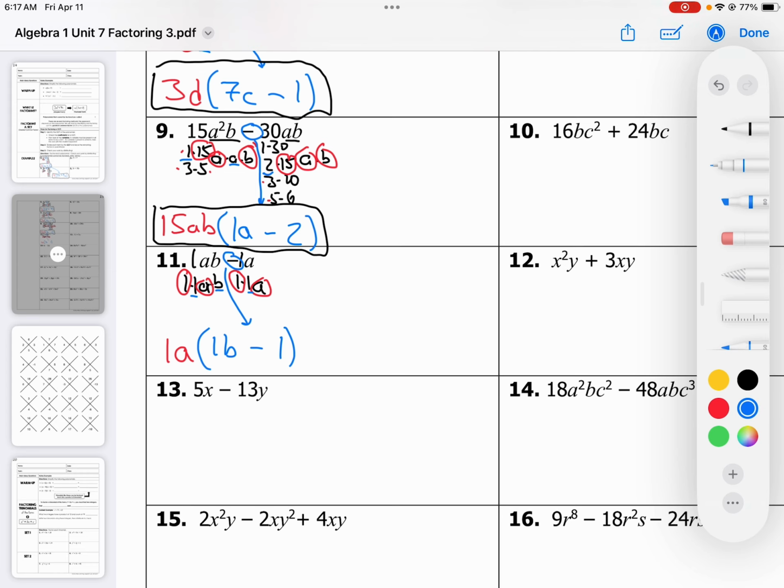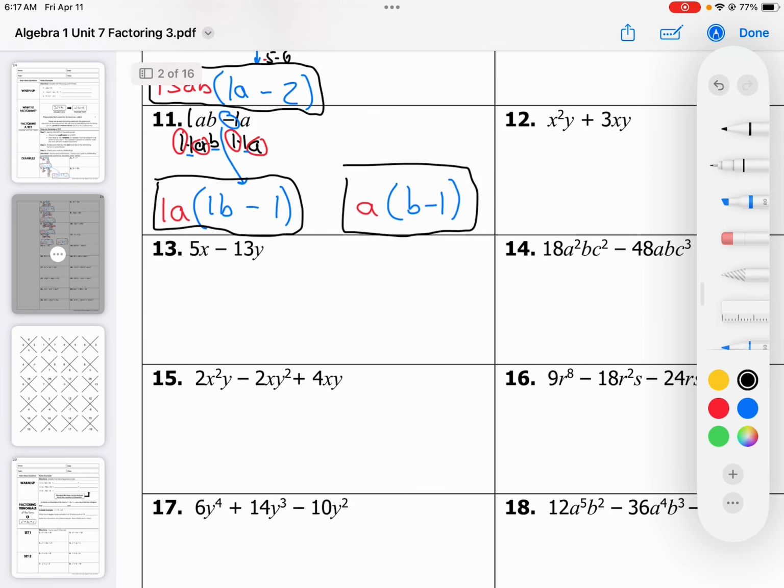Now remember, we don't actually have to put all these ones. If it's 1a or 1b, we don't have to put that. You could write it as just a and then b minus 1. You don't have to put the ones in front if you do not want to. But either one of these would work as your final answer.